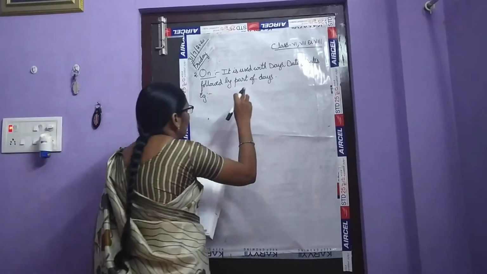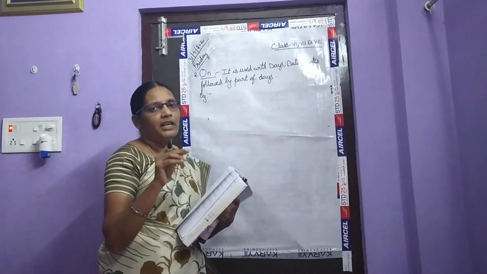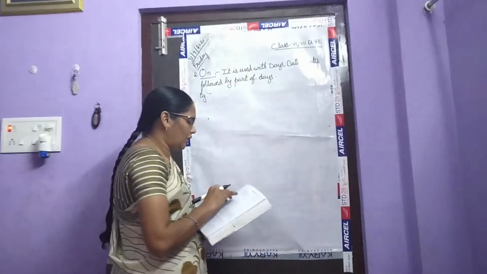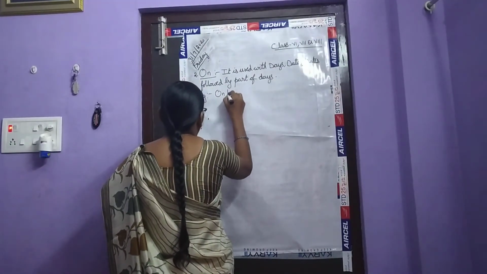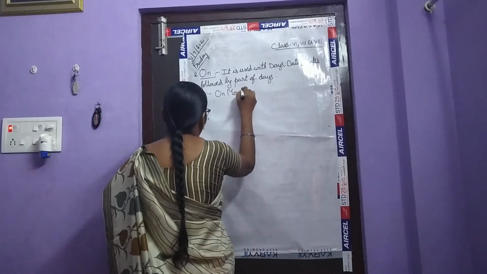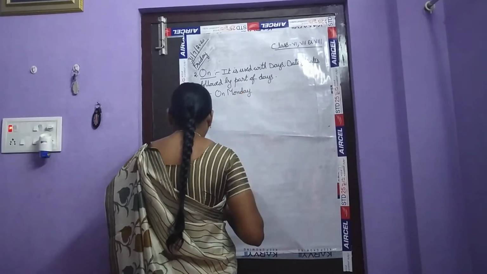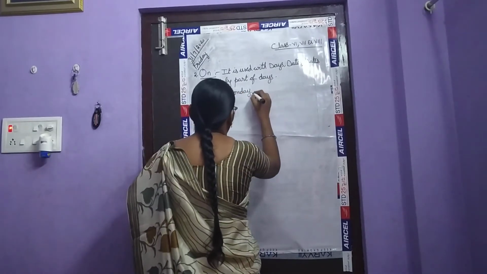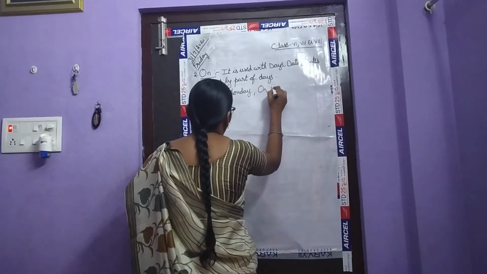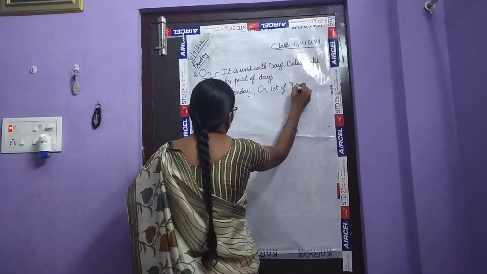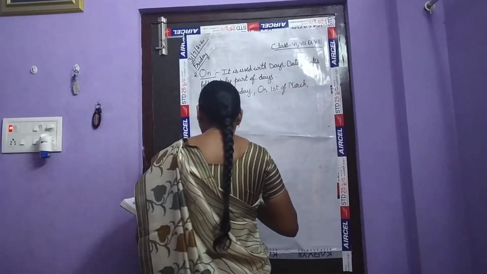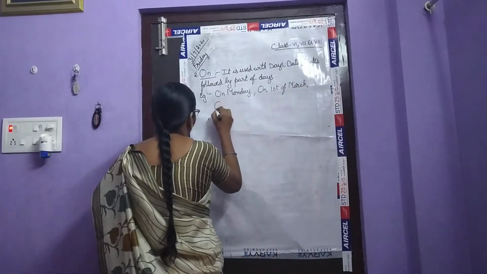On is used for days and dates followed by part of the day. For example, on Monday, on 1st of March, and on Monday morning.